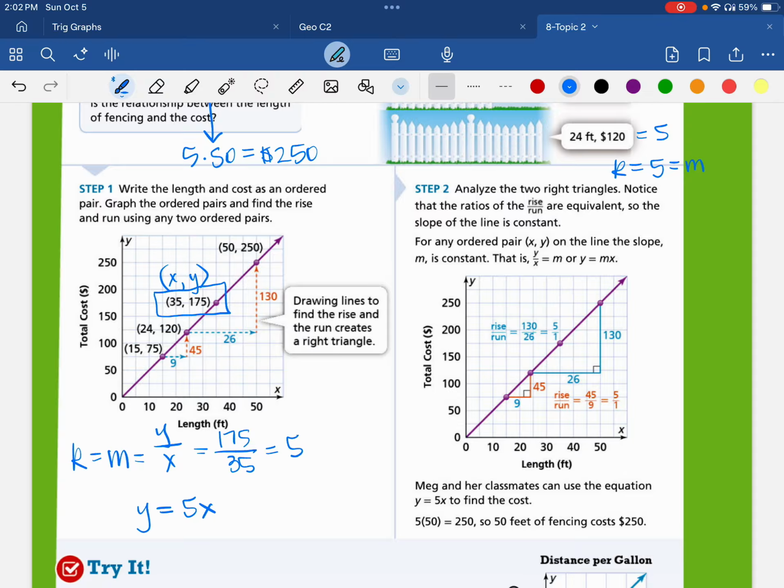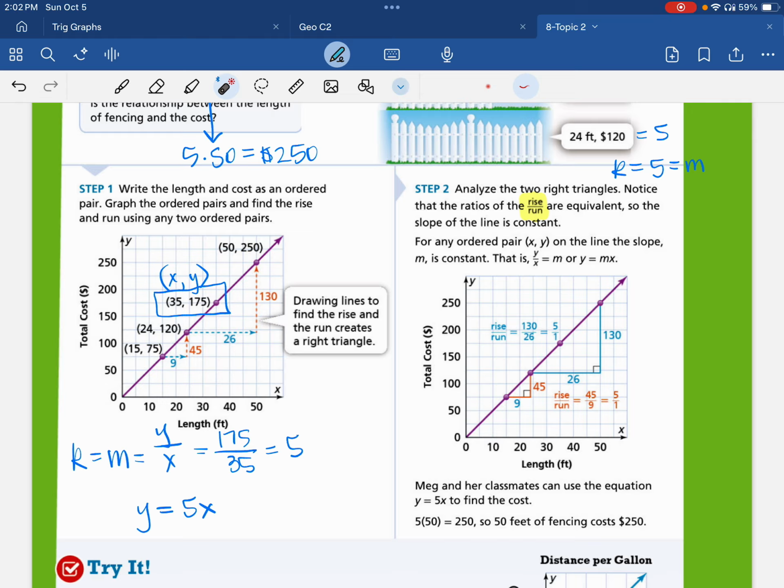We can also use our definition for slope that it is rise over run to determine the slope of this line. When we have any 2 points, we can find the horizontal distance between them and the vertical distance between them, which is our rise and run, or run and rise.